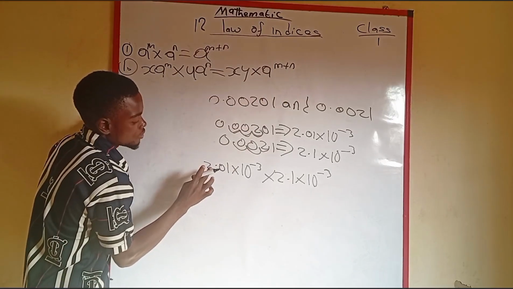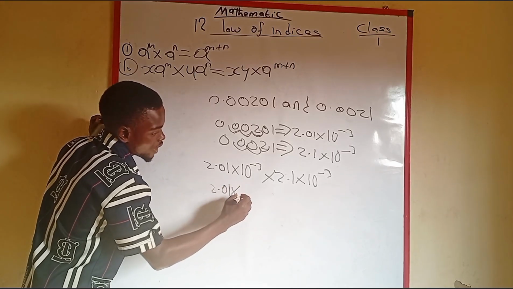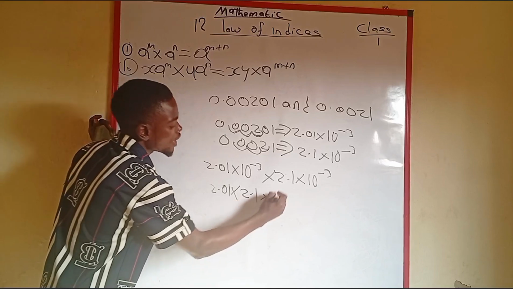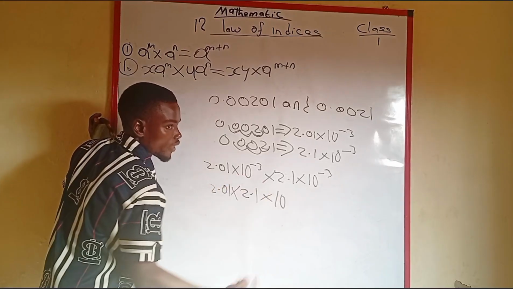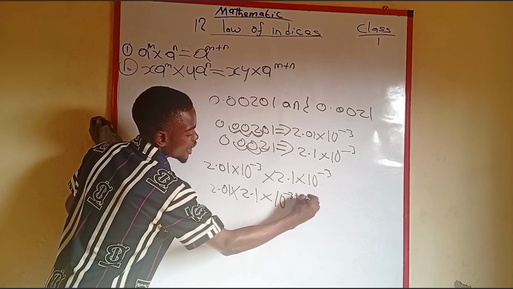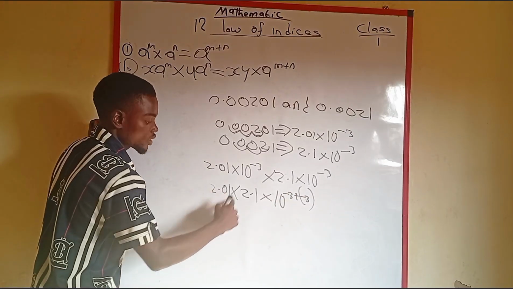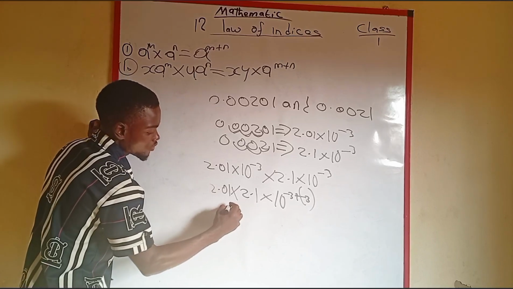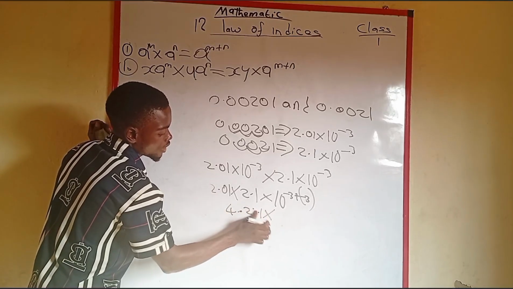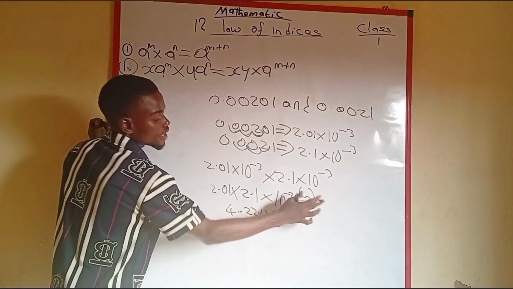At this point, my s is 2.01 multiplied by my y, which is 2.1, also multiplied by a single base, which is 10, and then the powers, which are -3 and -3, I'm going to add them together. All right. Now, multiplying 2.01 and 2.1 is going to give us 4.221 multiplied by 10 raised to the power -3 plus -3.